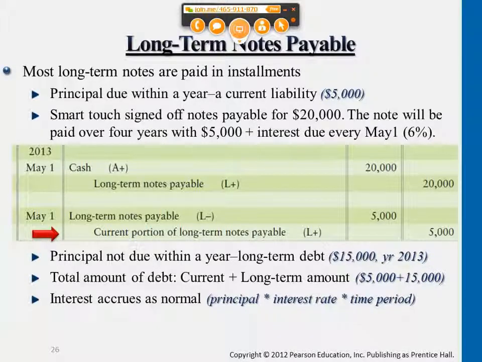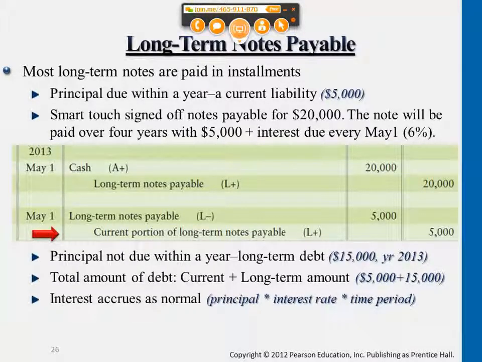Sometimes these notes will be paid by installments, meaning that we're not just paying off the money all together 4 years from now, but we're breaking it into little portions, $5,000 as time goes by. At the end of the first year, you'll be paying one-fourth of the $20,000, $5,000.